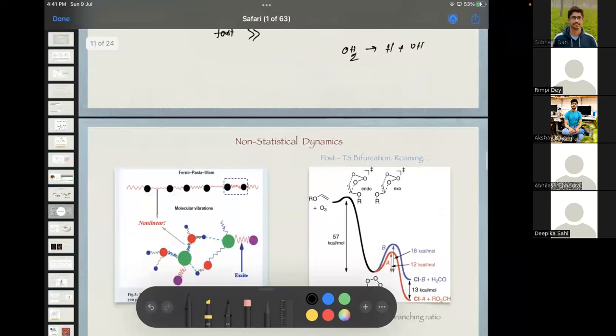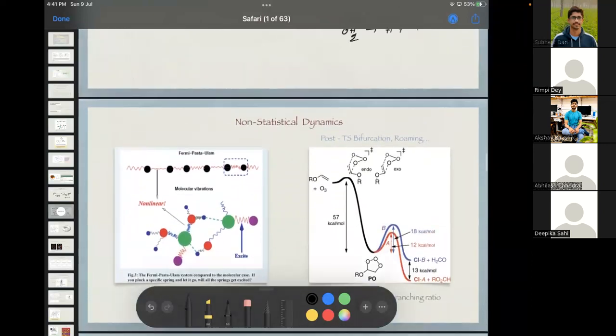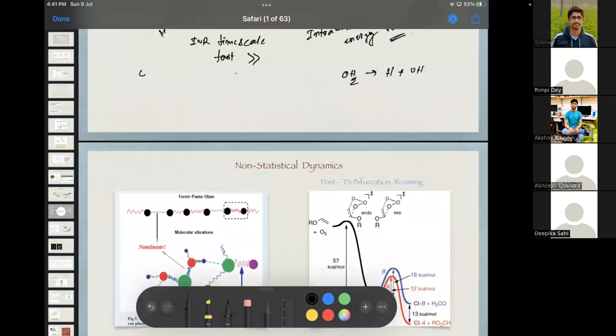Sometimes what can happen is, let's say for a polyatomic molecule like CHCl3, if I dump a particular amount of energy into the CH local stretch, this energy can transfer from the CH mode to a CCl mode.